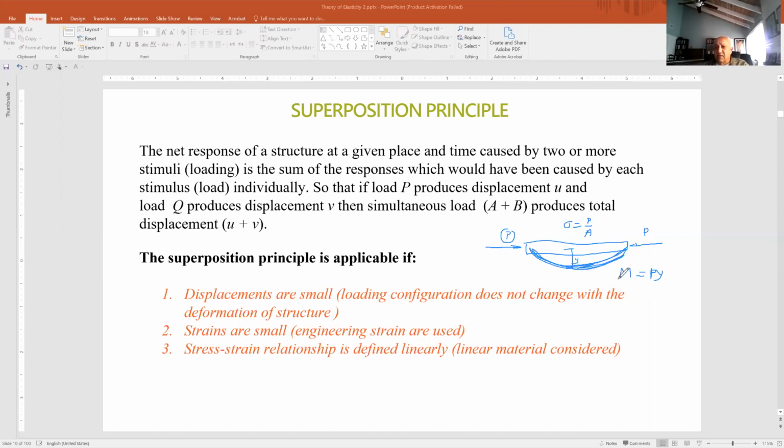So stresses, deformations and the strain would be a function of the deformation of the material. That is to say, the loading would be different than the initial loading we assumed in the beginning of the problem. In this case, the system is not linear and the principle of superposition cannot be applied.